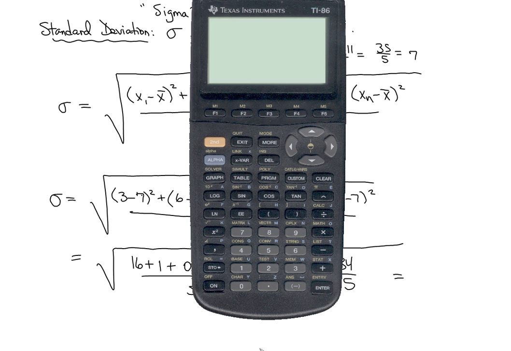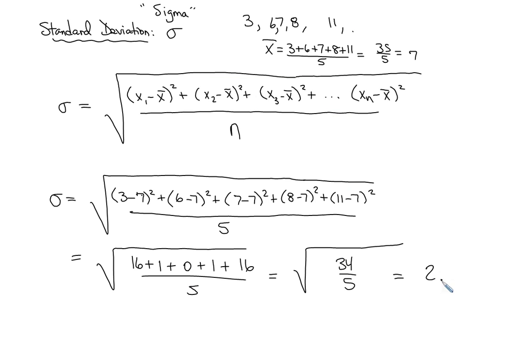And the square root of 34 fifths, I'll go to my calculator. The square root of 34 divided by 5 gives us about 2.6. So the standard deviation is about 2.6.